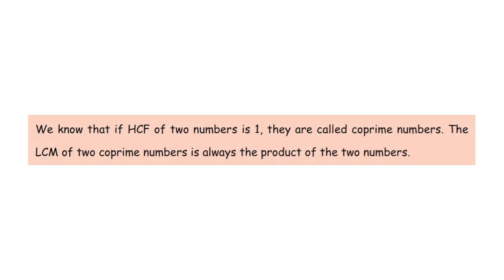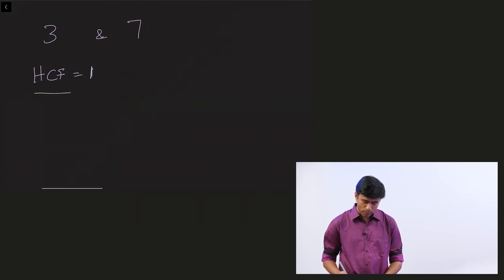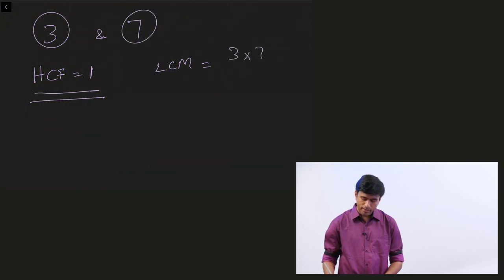So here's the property. The LCM of two coprime numbers is always the product of the two numbers. Let's take 3 and 7. The HCF is 1 because they are coprime numbers. So if the HCF is 1, then the LCM is the product of these two numbers, that is 3 into 7, 21.